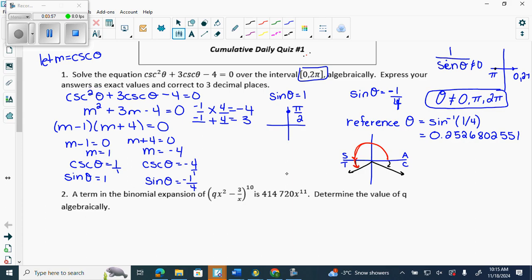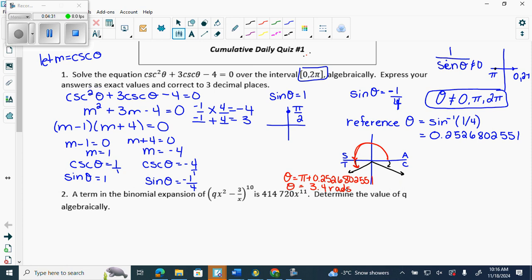So, this theta is going to equal pi plus 0.2526802551. And I get 3.4, the nearest tenth. And if you want, you can put rads behind it so that you know that you actually found an angle. Rads or radians. Okay? Makes sense how we got that one?